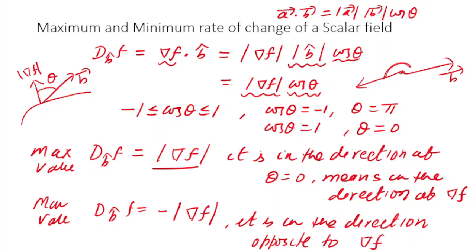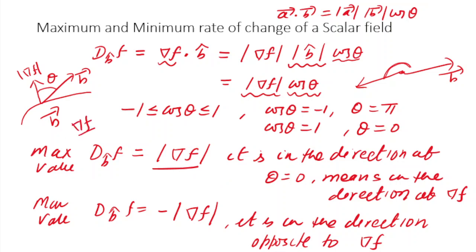So let me summarize it. What I expect you to understand is, what is a directional derivative? A directional derivative gives you the rate of change of the function in a particular direction, and here I am talking about the direction b. Point number 1. Point number 2, it will be maximum in the direction of del f. What is del f?